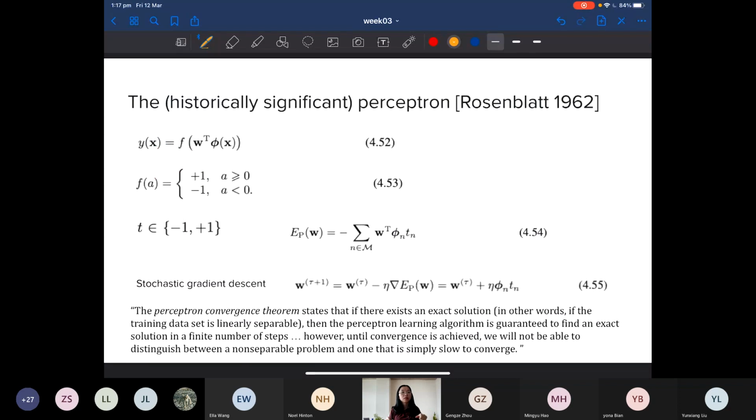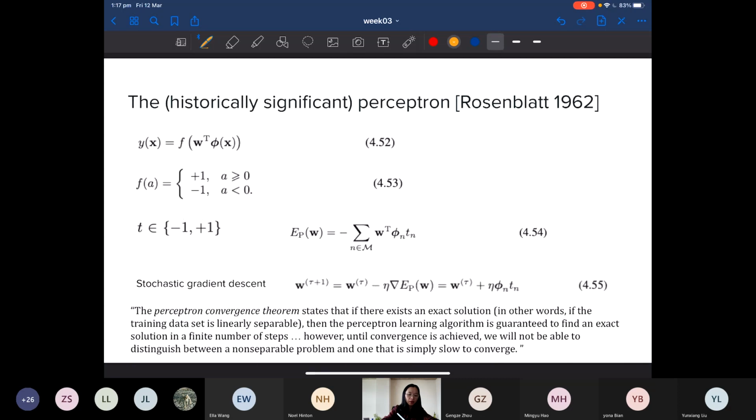Let's spend maybe the next 5 minutes talking about another interesting discriminant function called the perceptron, right? So the perceptron, rather than the loss function, tries to change the model or the functional form of y of x.